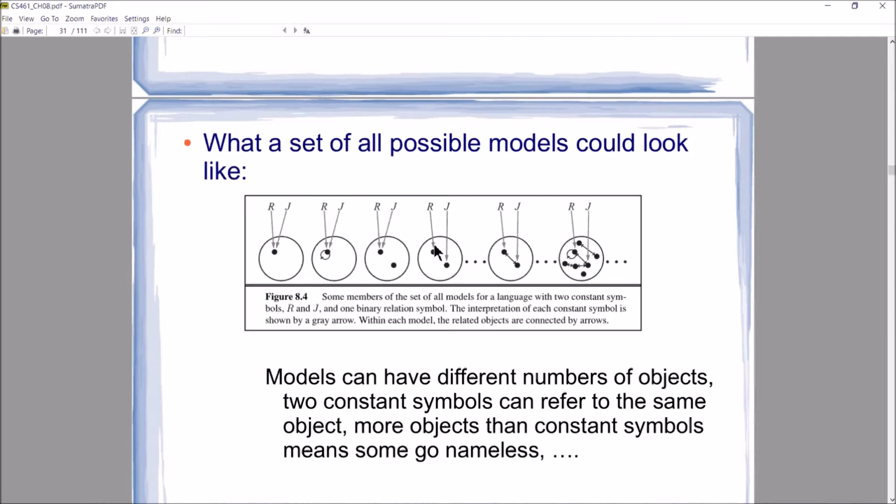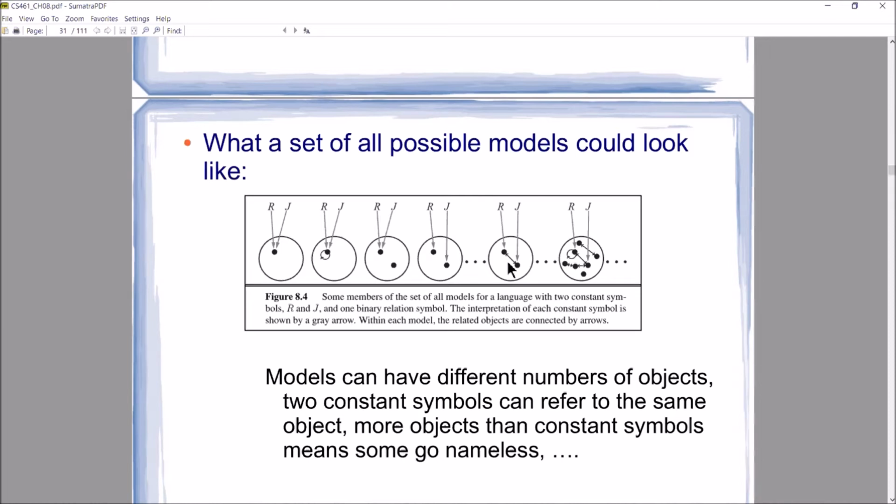Fine. Okay, two different constant symbols, two different objects. All right, and so forth. Right, and the next circle over here, another domain. We see that there's an interpretation here where we've got constant symbol R for Richard being assigned to one object, J to the other, and then that arrow is representing a relation between the two of them.